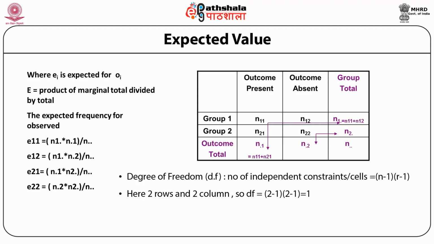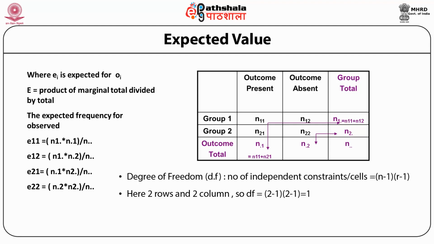We take the marginal total of group 1, n1 dot, multiply it by the marginal total n dot 1, and divide by the grand total, n dot dot. So we get the expected value E11 by multiplying the marginal totals and dividing by the grand total of the table.